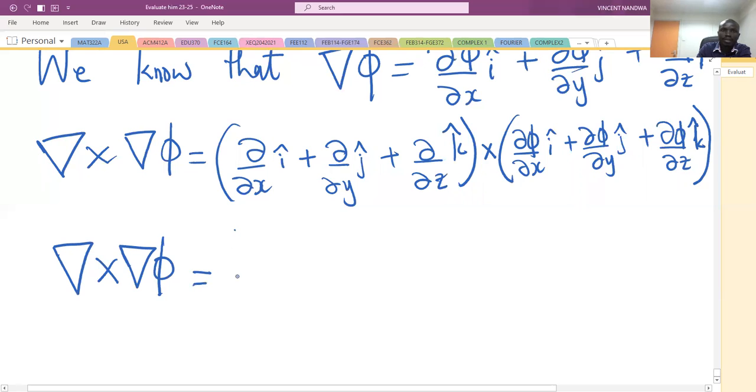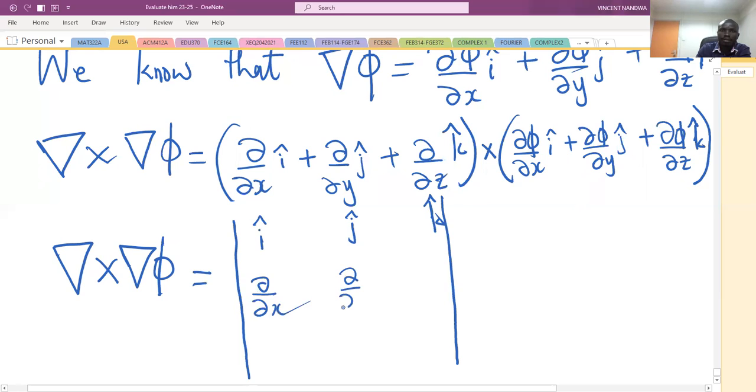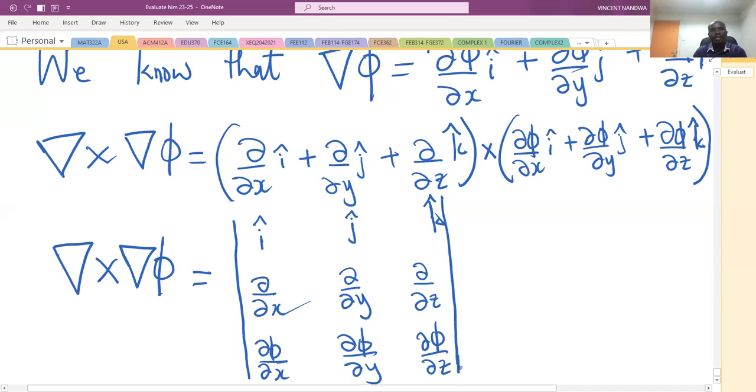This is the determinant of i, j, k, partial x, partial y, partial z, and then partial phi partial x, partial phi partial y, partial phi partial z. This is by definition of curl.